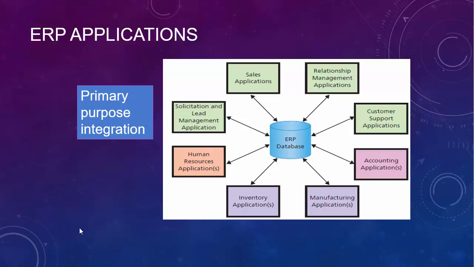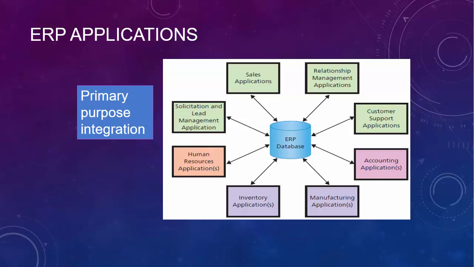This is what everybody in the industry has. You might need to modify that software slightly in order to use in your organization, but here are some of the different applications that are part of that ERP system. So we've got HR, inventory, manufacturing, accounting, customer support, relationship management applications, sales, and solicitation.